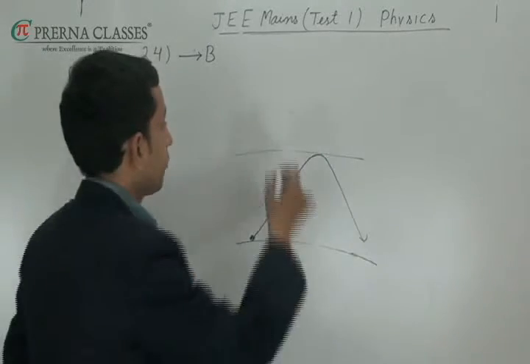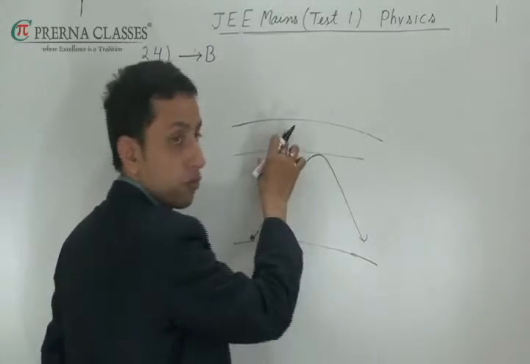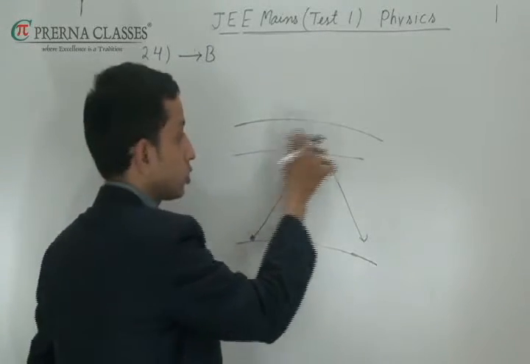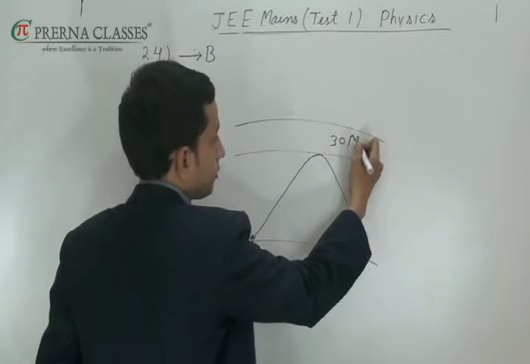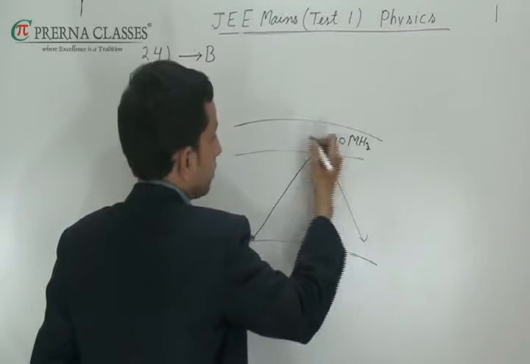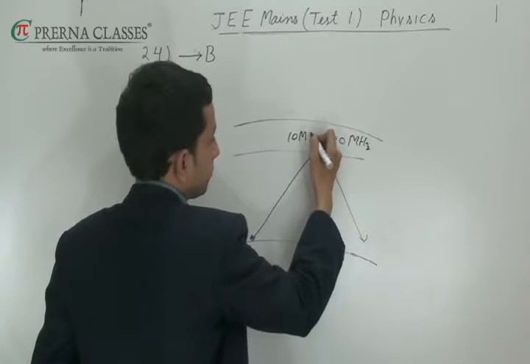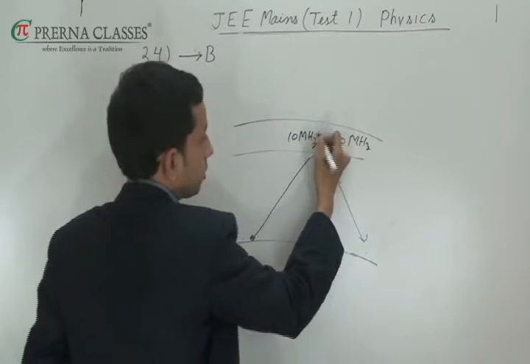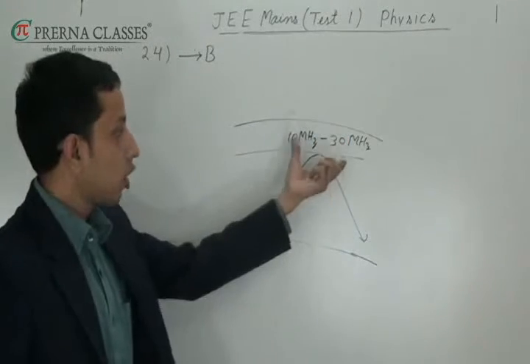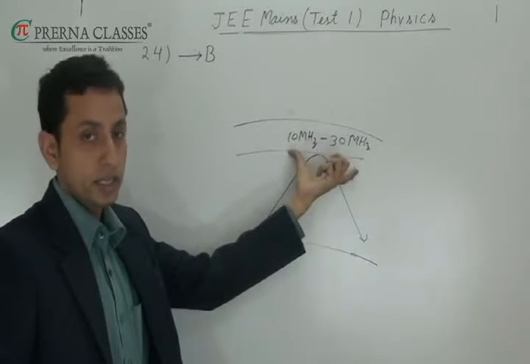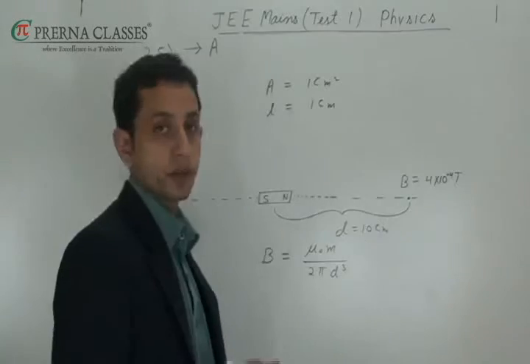For this the frequency range varies from a few megahertz to 30 megahertz. Generally it is 10 megahertz to 30 megahertz, and the option which belongs to this range is option B.